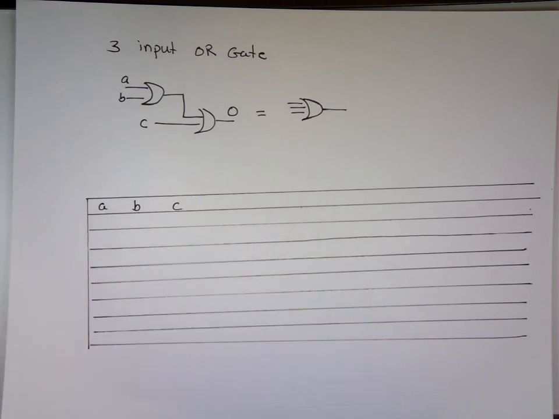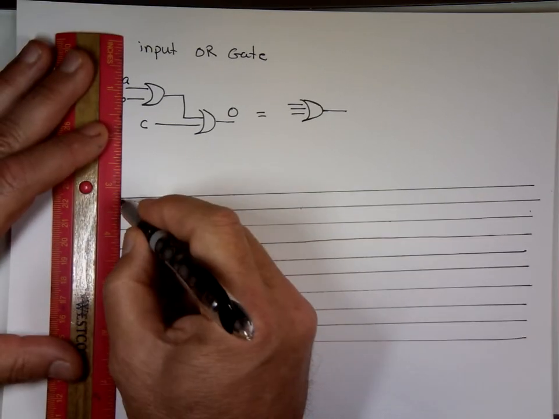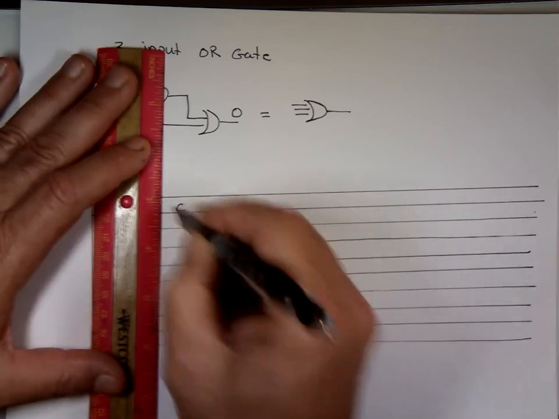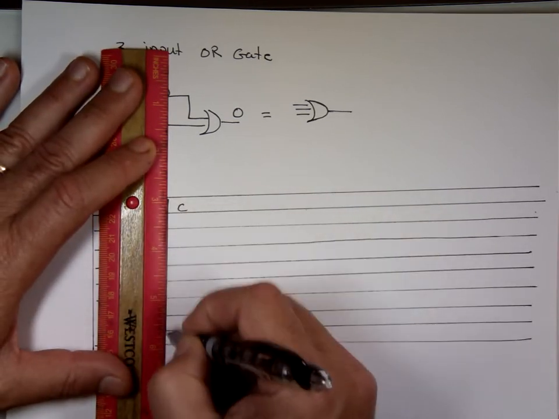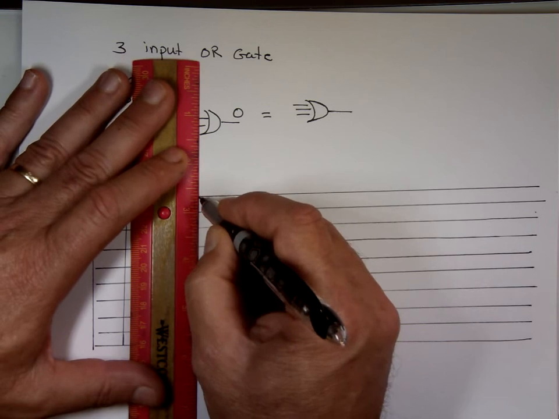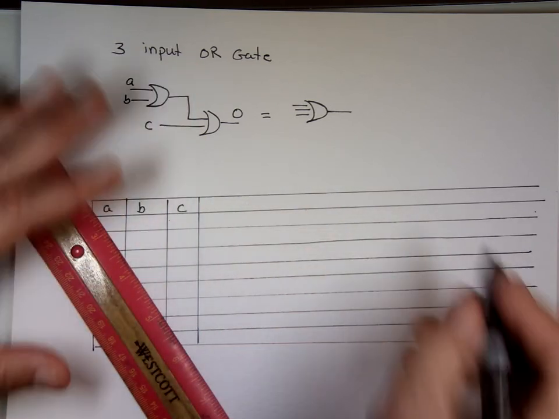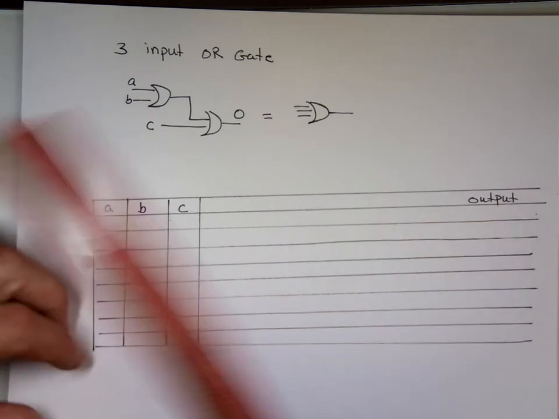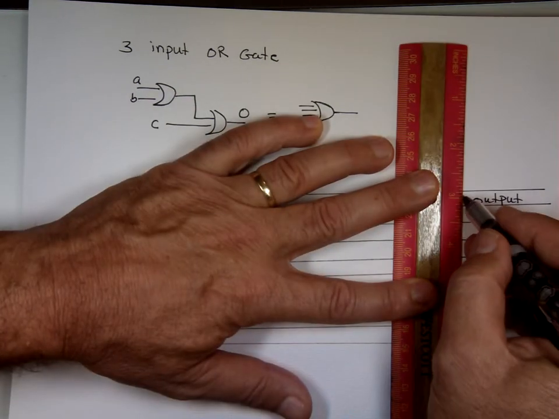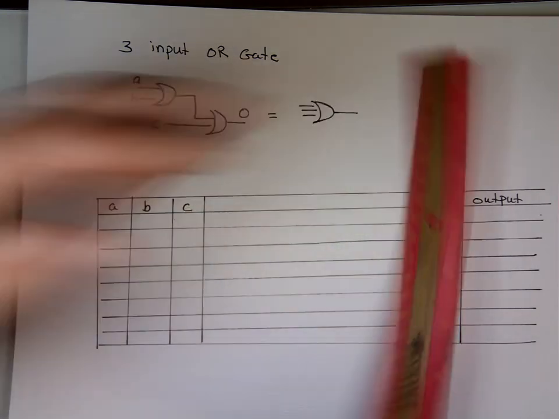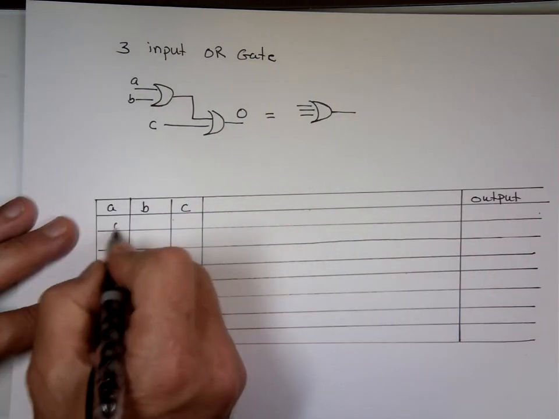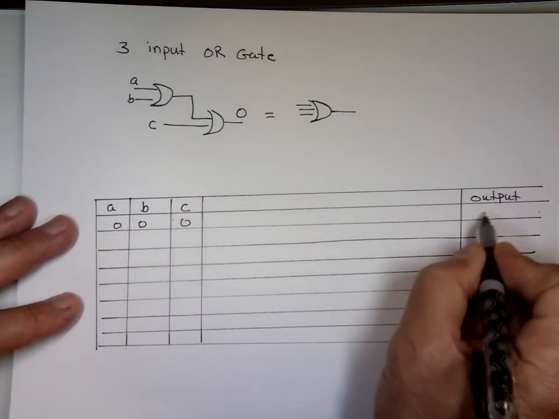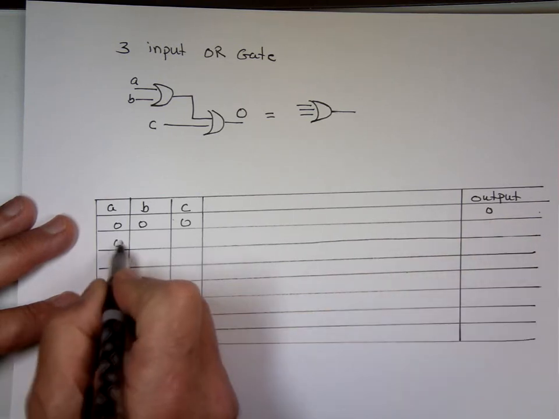If I have a 3-input OR gate, remember, for OR, the 1 is the dominant here. So as long as one of them is 1, my output should be, if I do it right, a 3-input OR gate, if I buy one, when my inputs are 0, 0, 0, my result is what? Should be 0. 0, 0, 1 should be a 1.